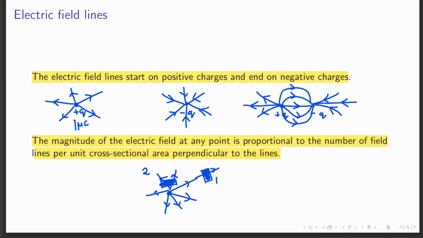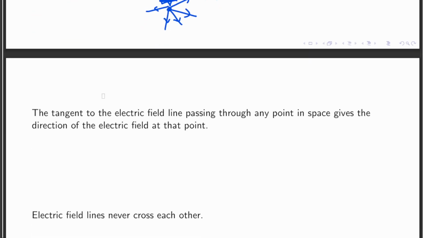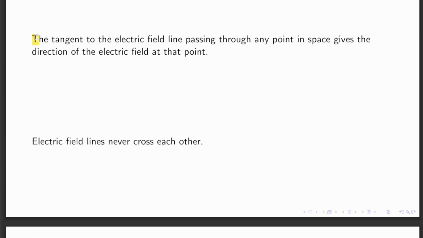Let us move on to property number 3. The tangent to the electric field line passing through any point in space gives the direction of the electric field at that point. To illustrate this point a bit more, let's consider the electric field lines for a dipole.